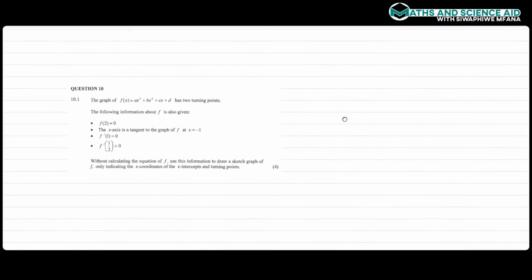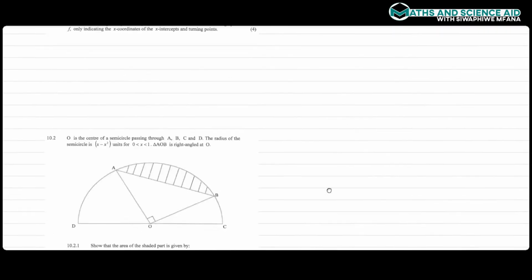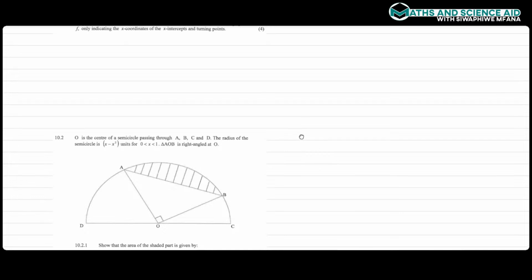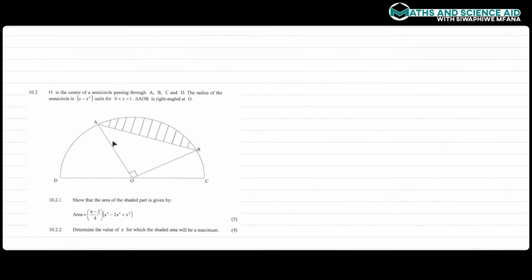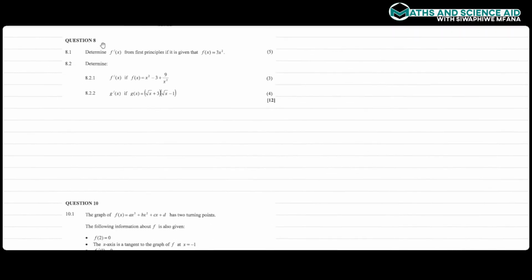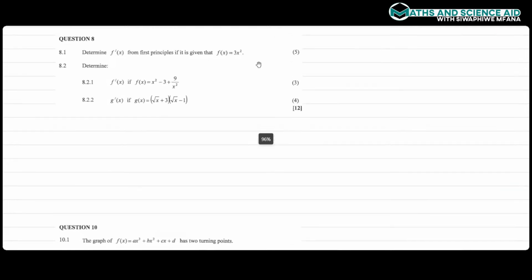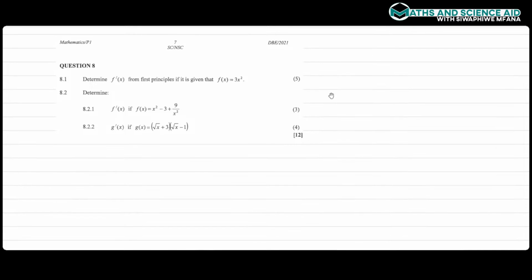Even here, I'm saying it's similar because we've got a cubic polynomial here, so it's kind of under the same question as this optimization problem. Let's actually see what is going on here. Otherwise, here, as you can see, it's question 8. And again, just pause and observe if this is something that you'd be able to do by yourself.